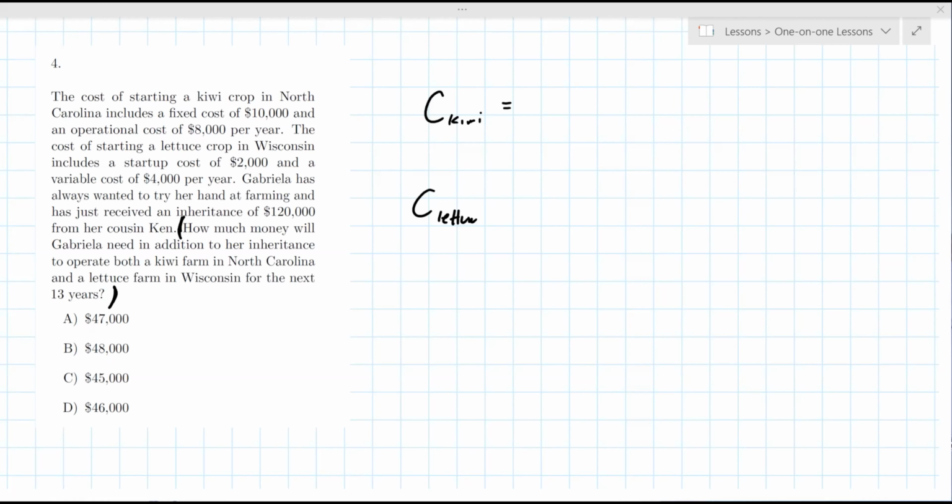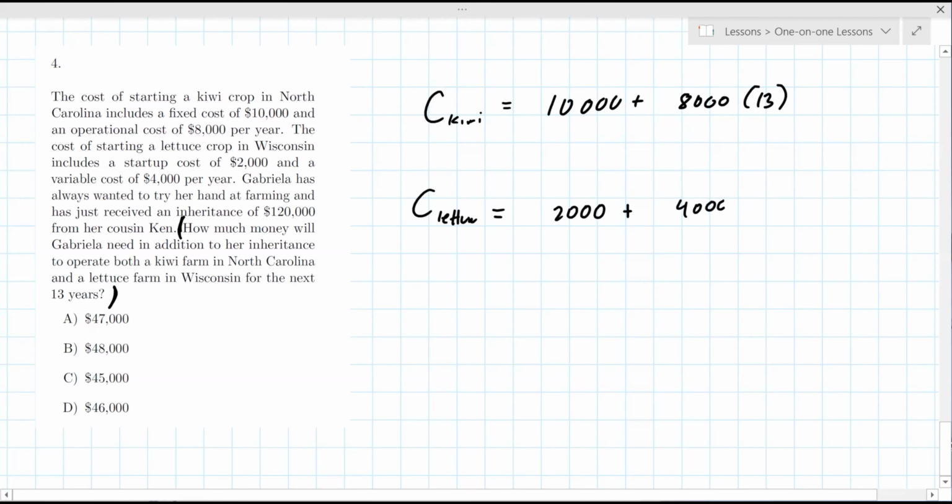Okay. Did you get down the cost of the kiwi crop? No, I didn't. Okay, so it's 2,000 and then 4,000, and those are the costs for the 13 years. And this is where it's like, oh, I need a calculator, and you kind of do, kind of don't, but I don't care if you use a calculator.